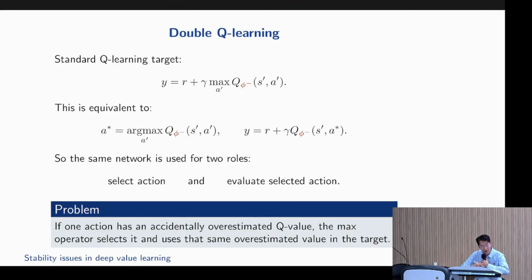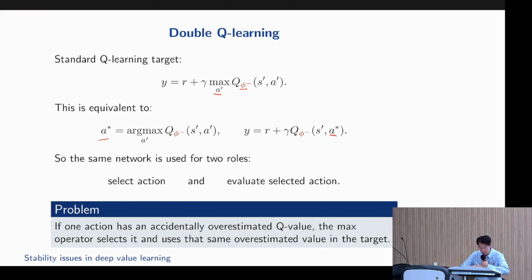If you compare the standard Q-learning target, you have a max over the next action from the frozen network, which is equivalent to selecting A star, the argmax among the actions, and plugging in A star here. Exactly identical.